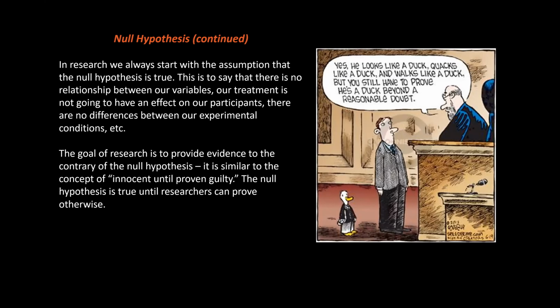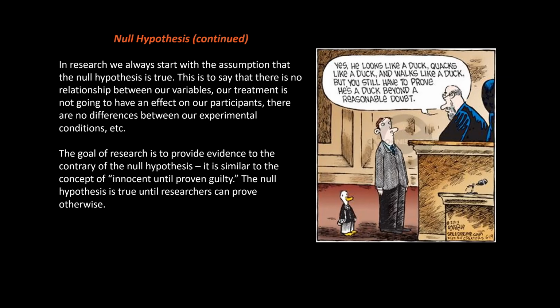So when a lawyer goes into a courtroom to give a case, what they are doing is they are trying to prove beyond reasonable doubt that a person is guilty or innocent. And for researchers, what we are attempting to do is provide enough evidence that the null hypothesis isn't true. We are trying to show that there is something that does occur.